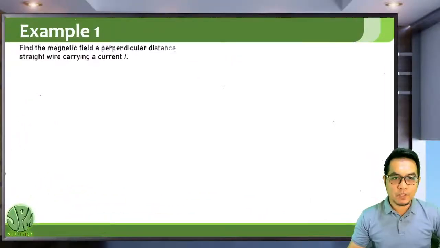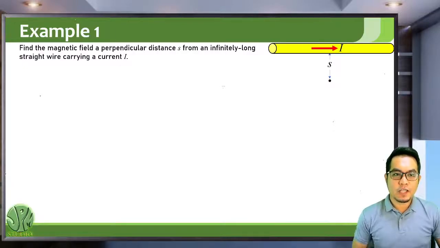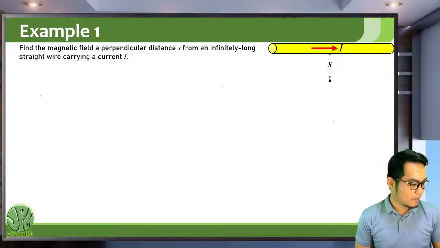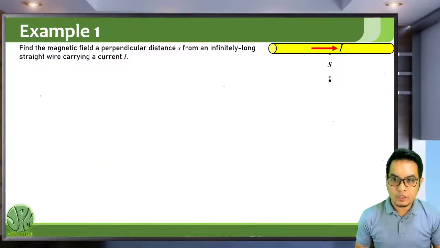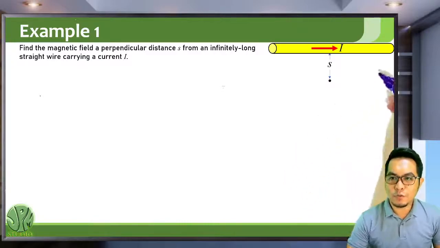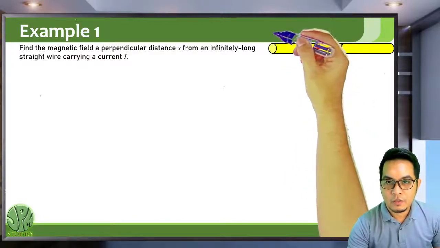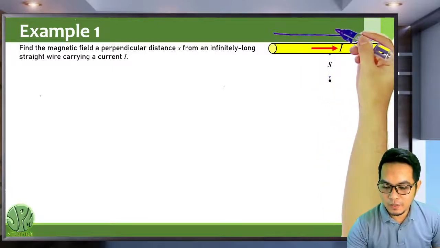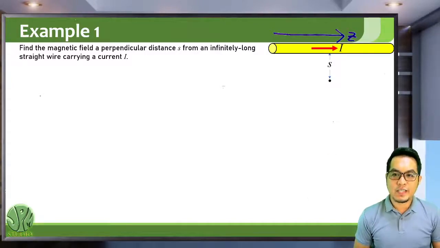First example. Find the magnetic field a perpendicular distance s from an infinitely long straight wire carrying a current I. Here we will assume that the axis of our wire is the z-axis.